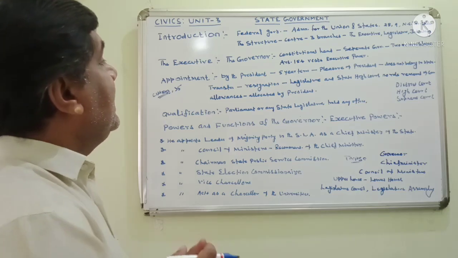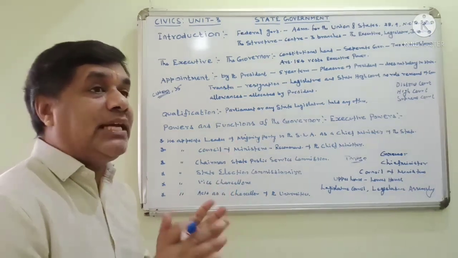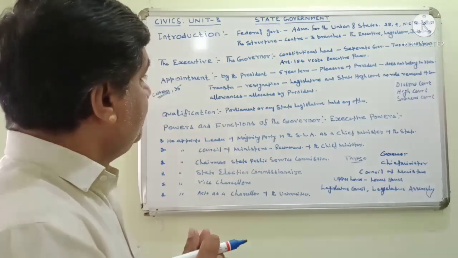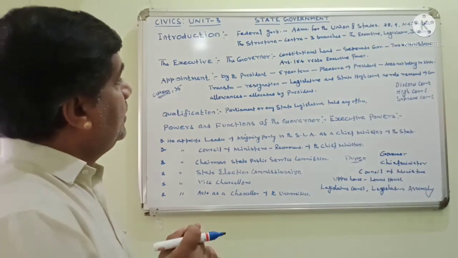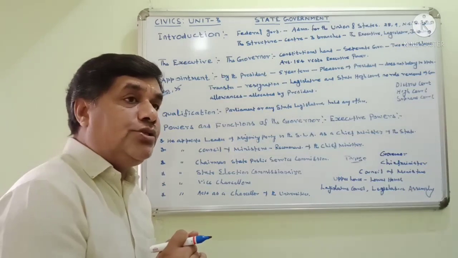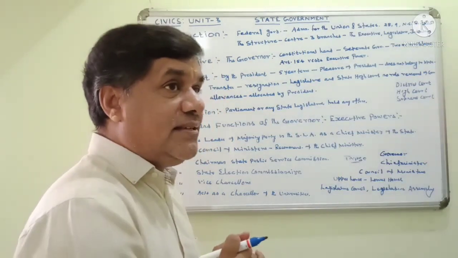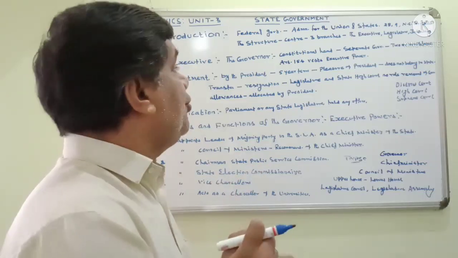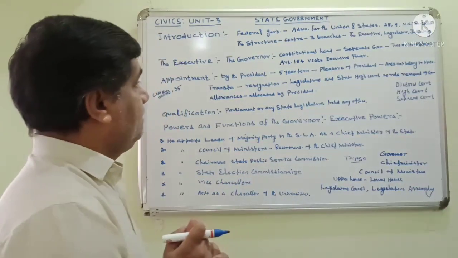The governor can be transferred by the president from one state to another. The governor has the power to resign his office, and he should give his resignation to the president.